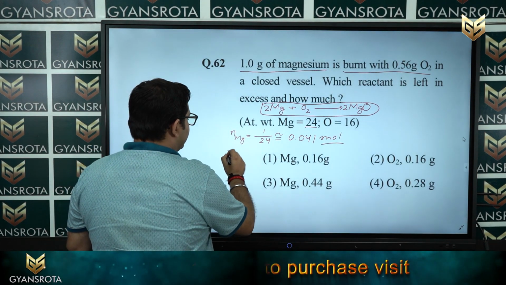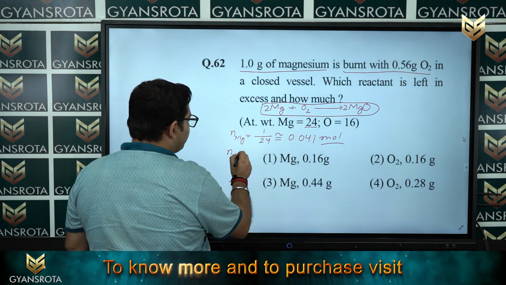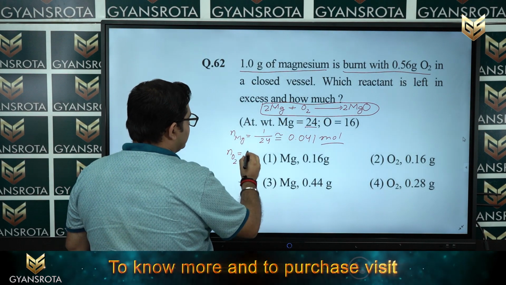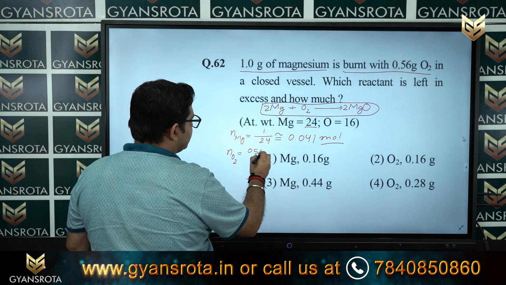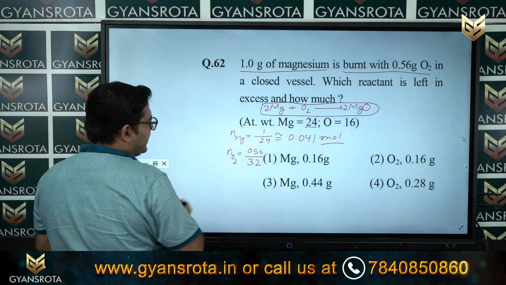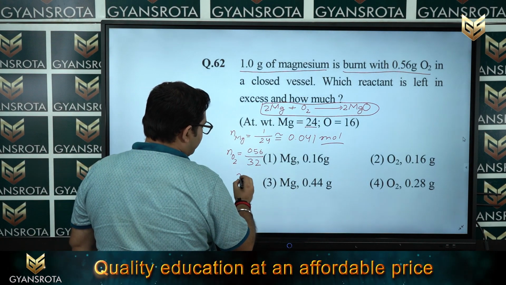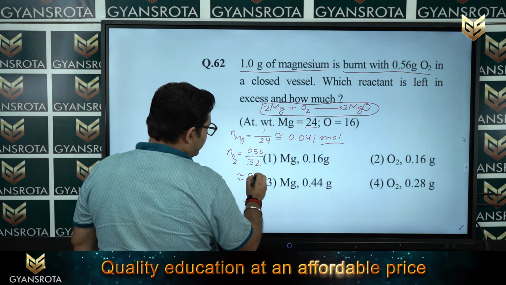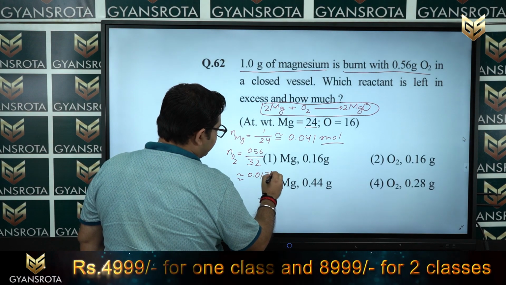And if you calculate the moles of oxygen, it will be 0.56 divided by 16 into 2, that is 32, and this ends up as approximately 0.0175.